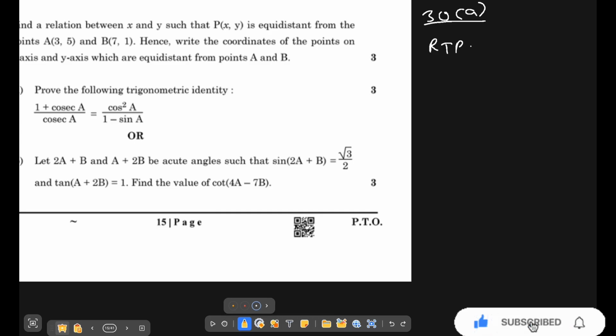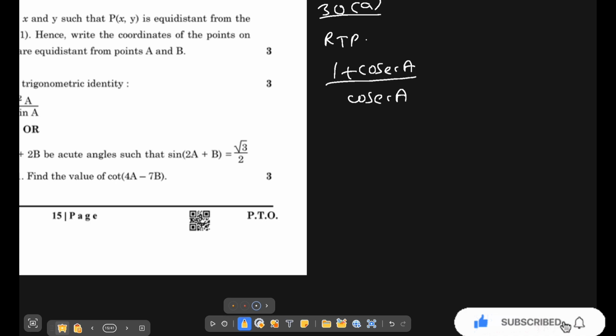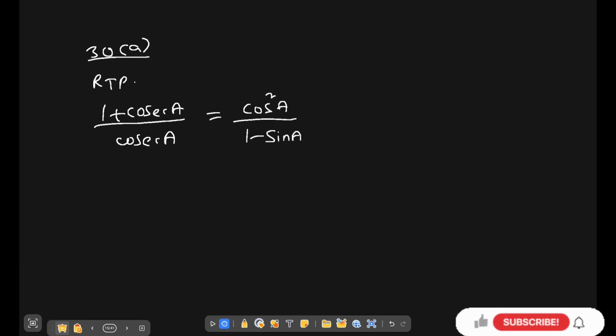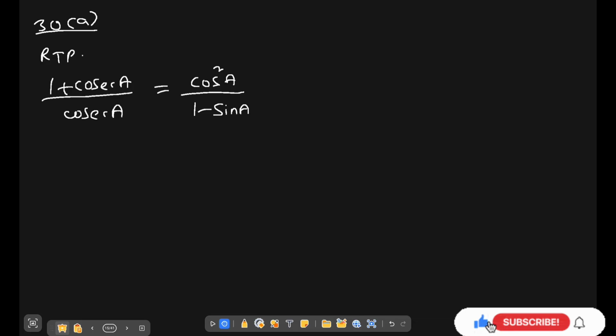So we have to prove that (1 + cosec A) / cosec A is equal to cos square A / (1 - sin A). Yes. Let's take LHS first.